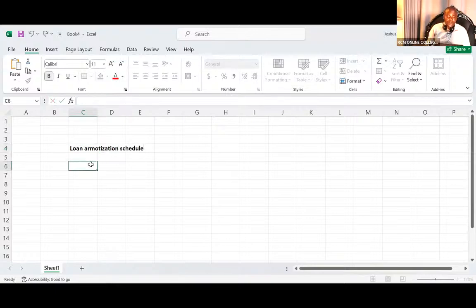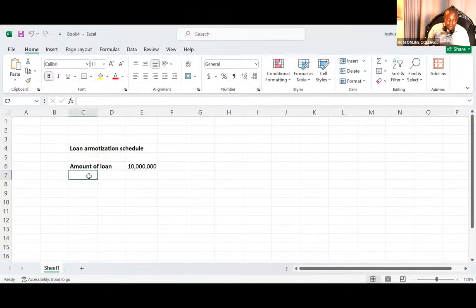So in this loan amortization schedule, you'll be told the amount of loan. The amount of loan here is 10 million. Then these guys will give you number of years. Please write with me. Number of years. Let's make this, for example, 10 years.